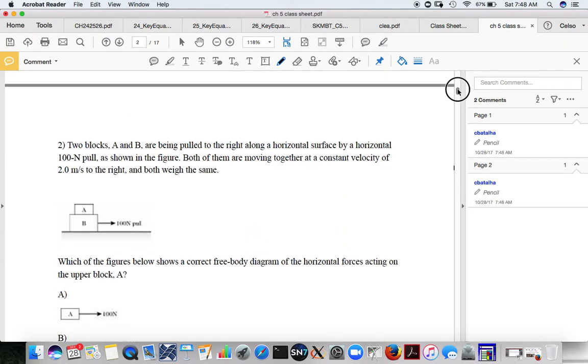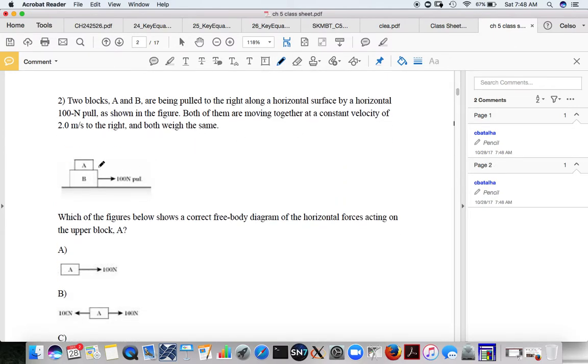Number two, two blocks A and B being pulled to the right along a horizontal surface by a horizontal 100 newtons force. As shown in the figure, both of them are moving together at constant velocity, this is very important.